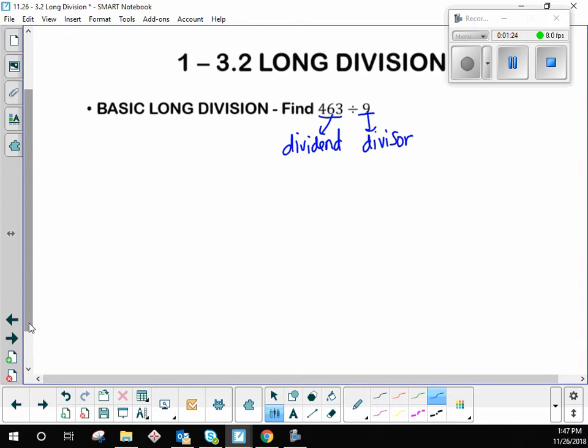And when we go to do long division, remember we always set it up with the little house thing. I don't remember what an elementary teacher would call that, but we set it up something like this. That first number goes under there, so the dividend would go under here. Whatever you're dividing by, the divisor, goes on the outside.